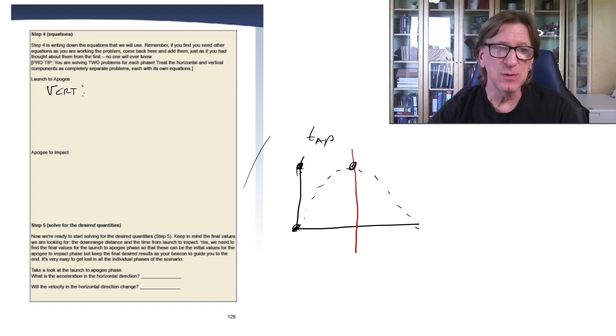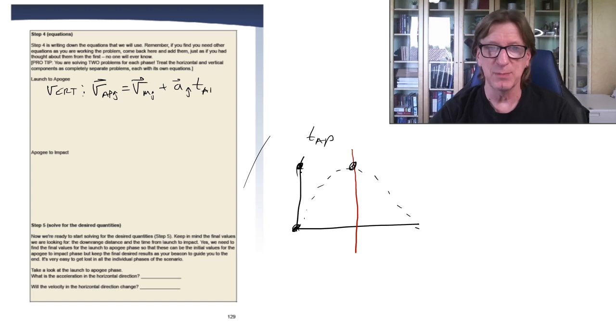All right, so writing down that equation, it's going to be my final velocity, which is v_ap j, equal to my initial velocity, which is v_M j, because we're only talking about the vertical component here, plus my acceleration in the j hat direction times my time to apogee. And we know that this one is 0, because only in the vertical component is my apogee velocity 0.